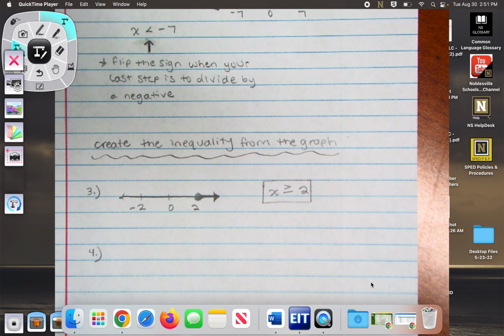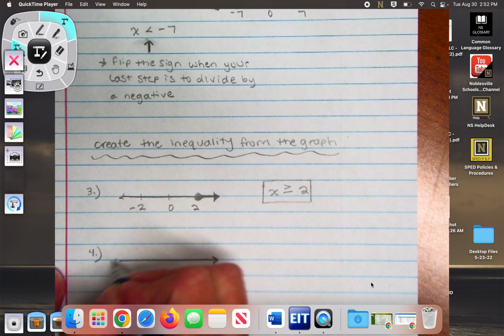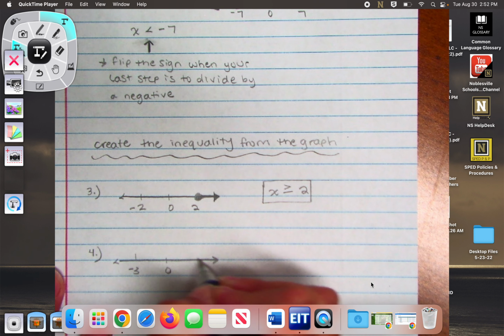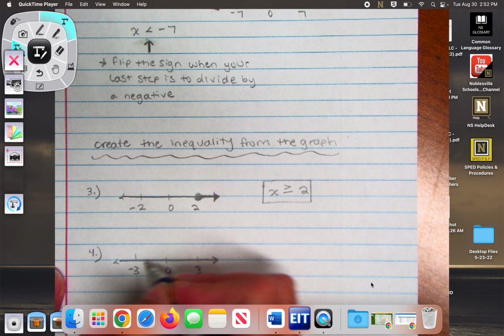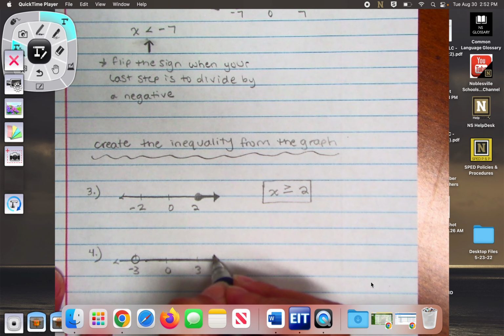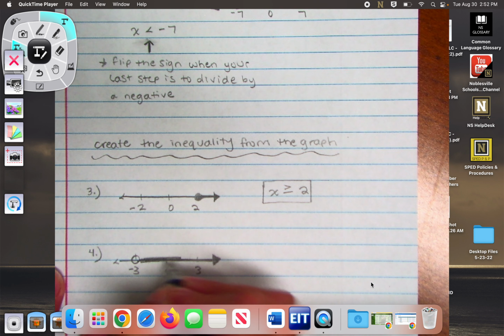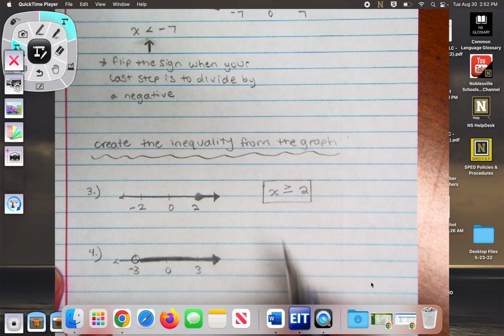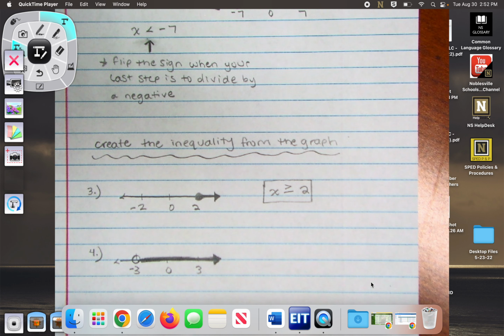It literally says 2. It's not greater than or equal to. X is greater than 3.